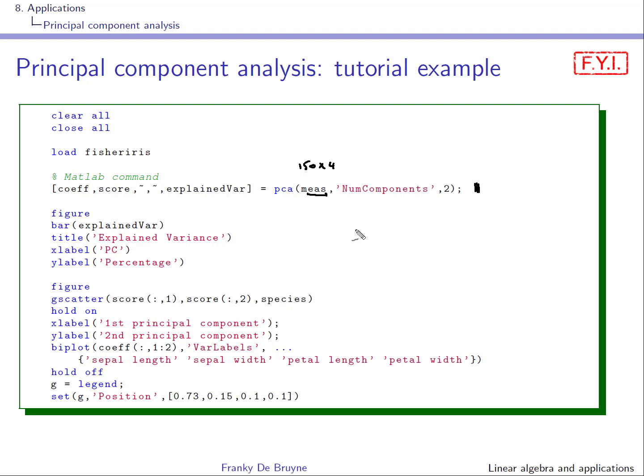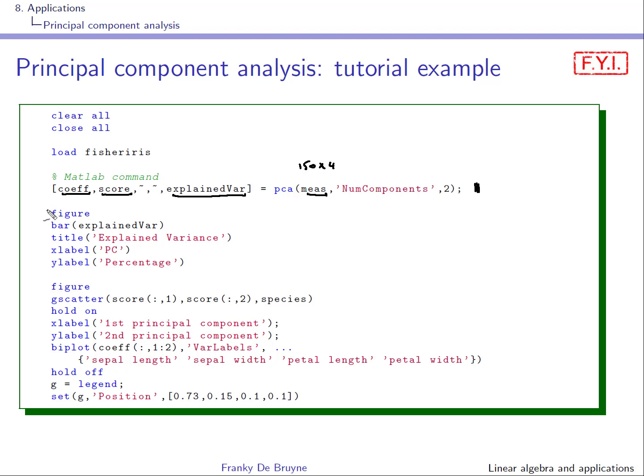So this is each principal component. This is how much of the variance in the data is explained by each principal component, and these are the coordinates of each data point in this new basis of principal components.